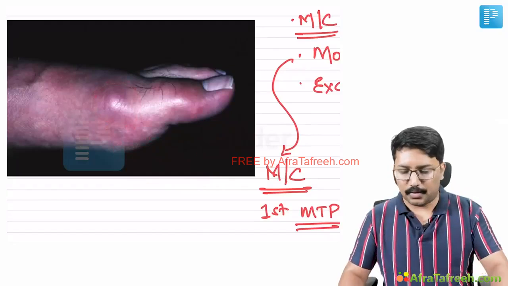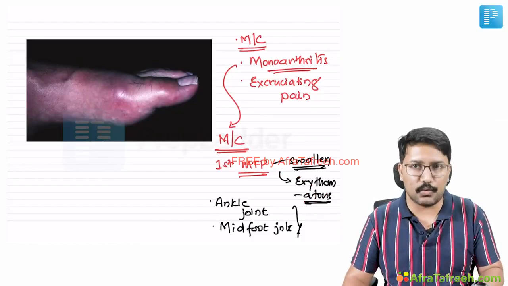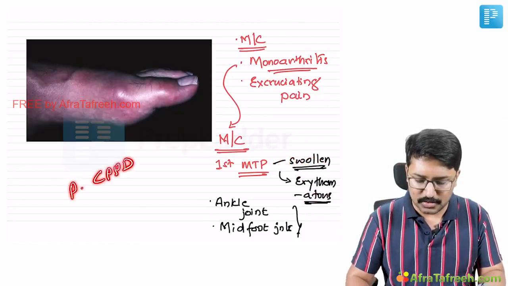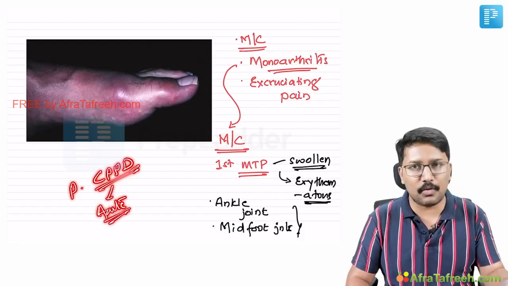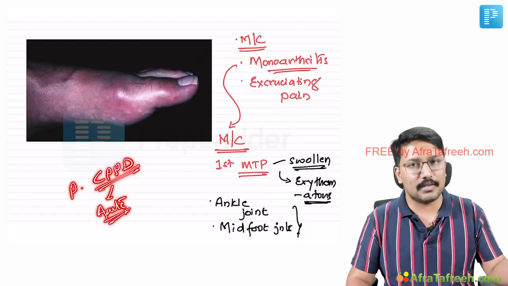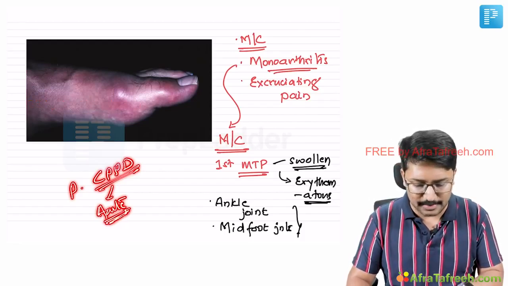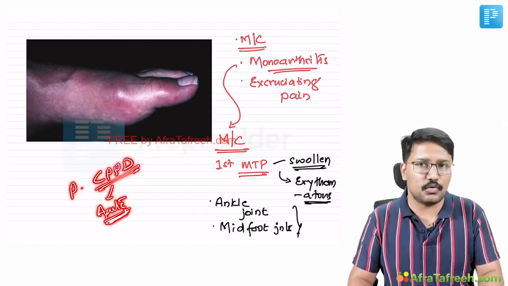Okay, clear? Now this is particularly important because sometimes pseudogout, which is nothing but calcium pyrophosphate deposition disease, presents in acute form. That also can present in chronic form resembling osteoarthritis. That can also present in acute form resembling gout. So when it is resembling gout, presenting as an acute attack, we call it pseudogout.